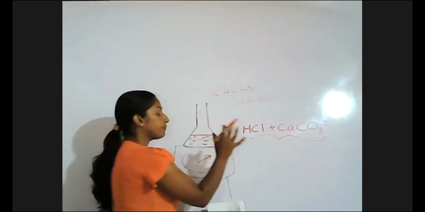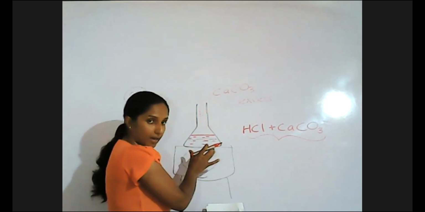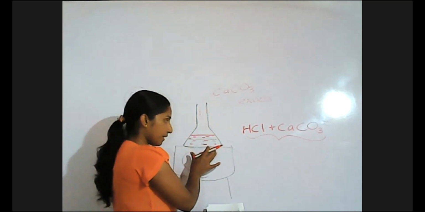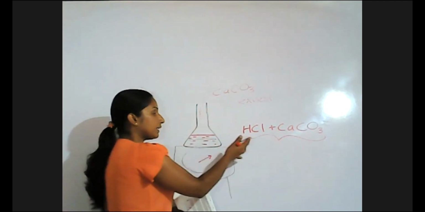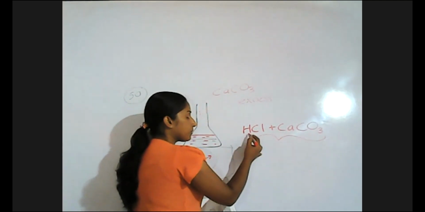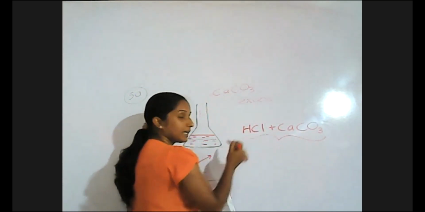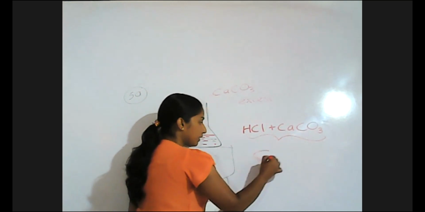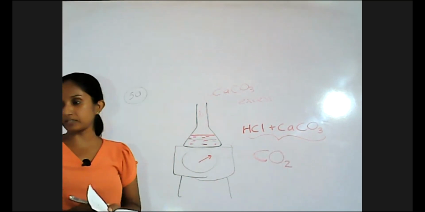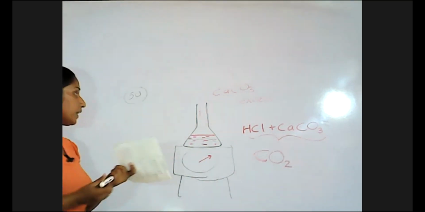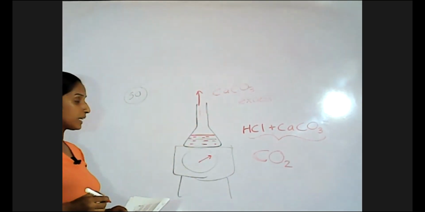If all the products remain in the conical flask, there is no change in the mass or the weight. But here, the reaction of calcium carbonate and HCl produces carbon dioxide gas, Pute. Carbon dioxide gas is liberated, or removed from the conical flask.